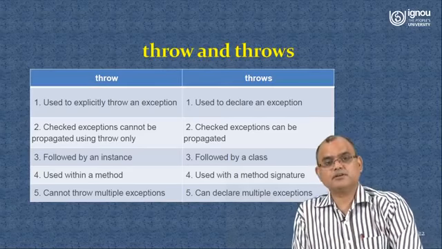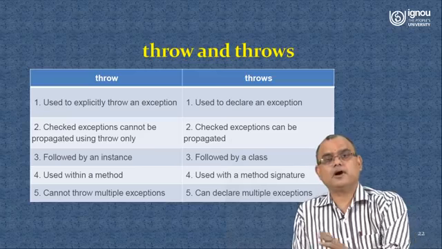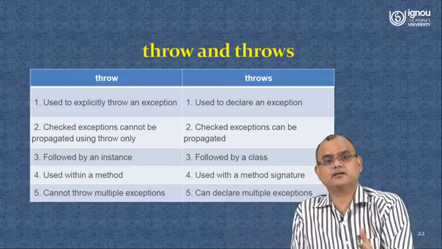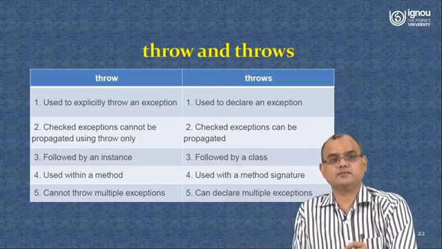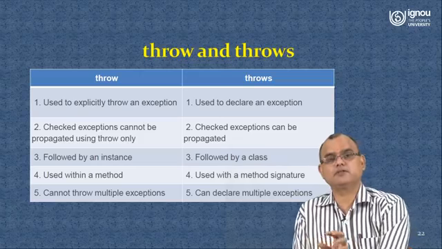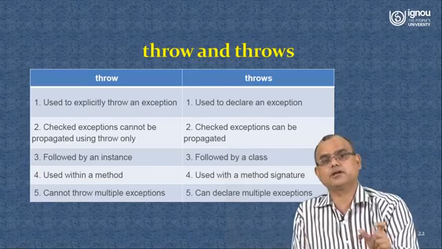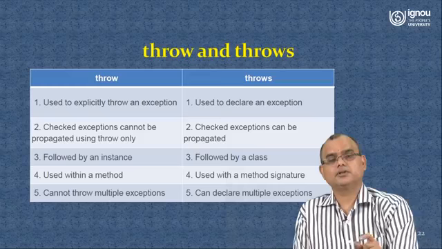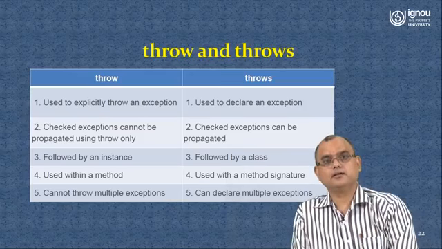So throws has a wider capability to provide the exception handling mechanism, and throw is obviously going to provide you only one instance, or only one object, that can be handled in the programming.